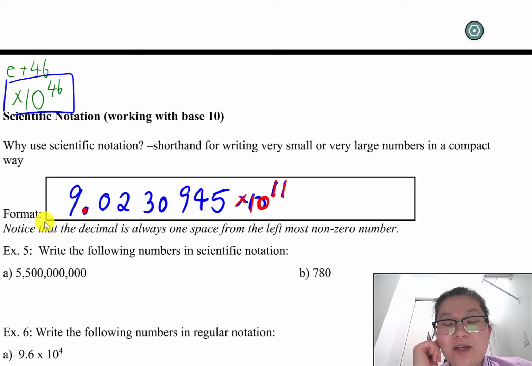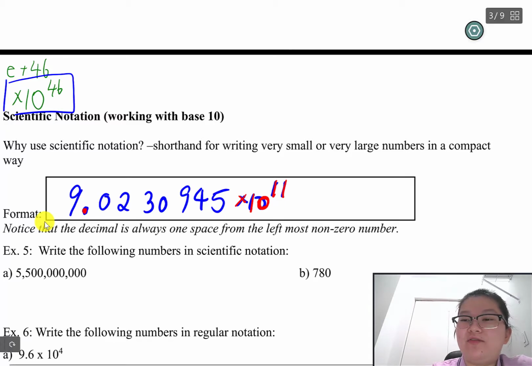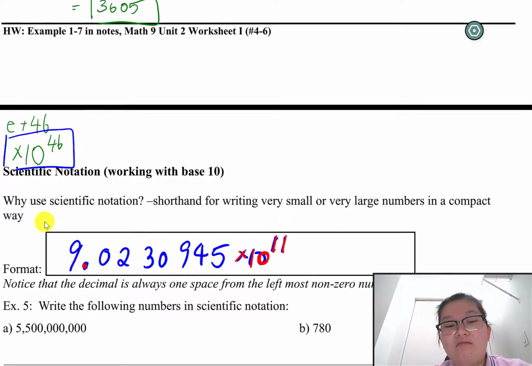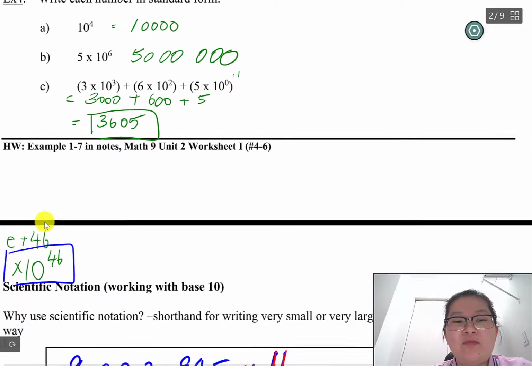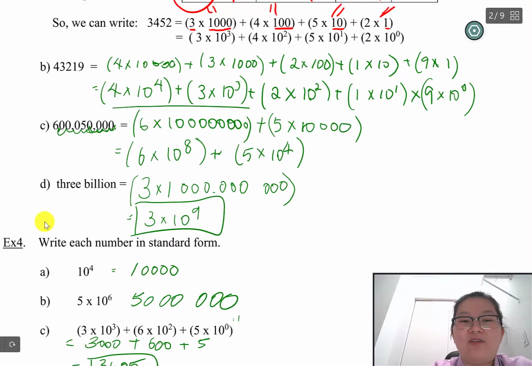So how do we convert this to standard form, something in regular notation, as we call it? To convert this into regular notation, first of all, we need to appreciate taking a look at scientific notation and comparing it with what you've seen in the previous lesson, where you have to write everything out.